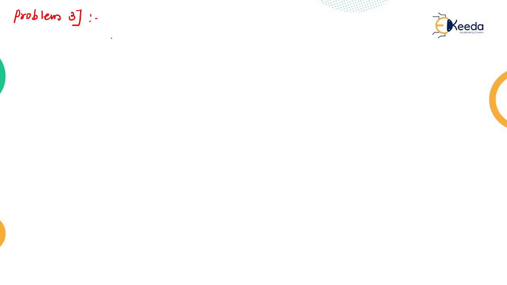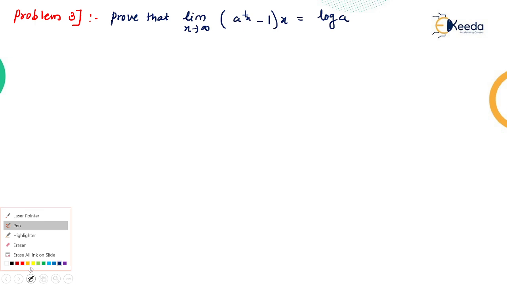Prove that the limit as x tends to infinity of (a raised to 1 by x minus 1) into x is equal to log a. That is the question given to you.